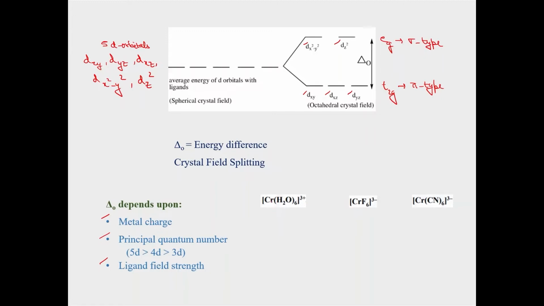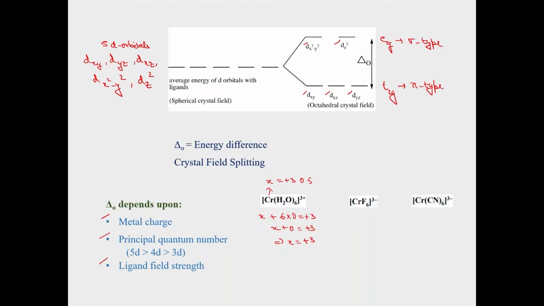For the first complex, [Cr(H2O)6]3+, if we consider that chromium has an oxidation state of X, then X plus 0, since H2O is a neutral ligand, is equal to the overall charge of plus 3. So X is equal to plus 3. So in this complex, chromium is present in the plus 3 oxidation state.